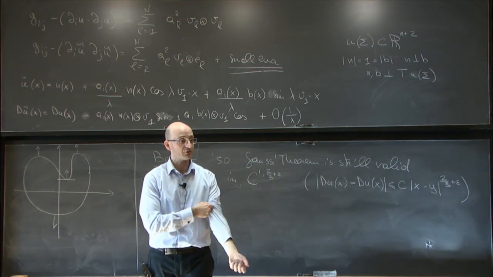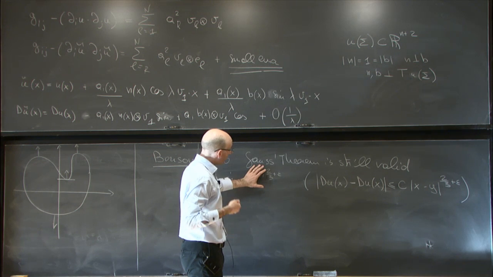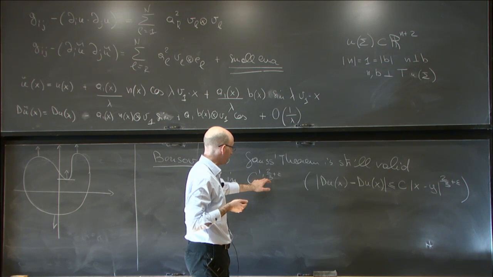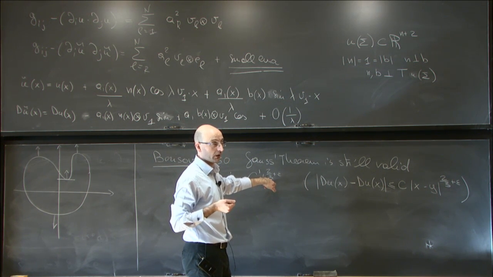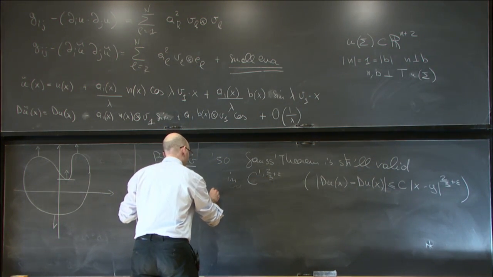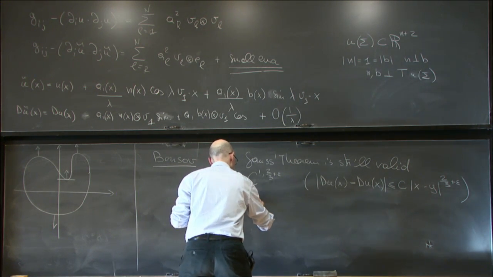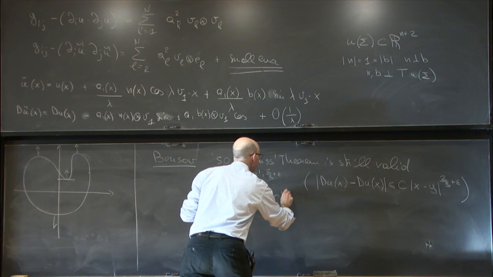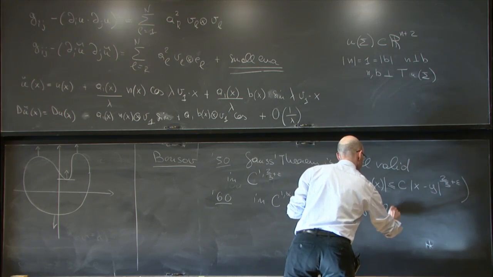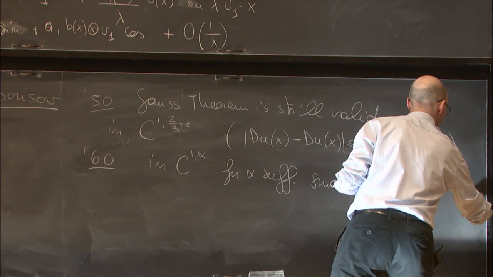So I'm not saying it's only C1, it's actually slightly better. This is just to say that although you cannot compute the determinant of the Gauss map, if you give the correct meaning to Gauss theorem, you can still prove it when you are sufficiently high in the Hölder regularity. And Borisov in the 60s also showed that in C1,alpha for alpha sufficiently small, the Nash-Kuiper theorem is still valid.